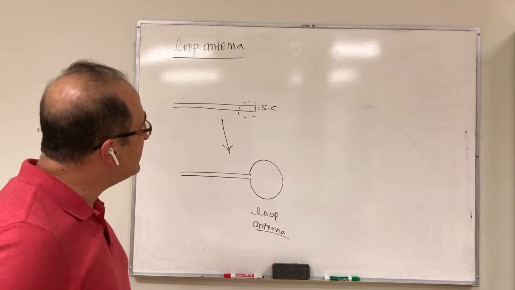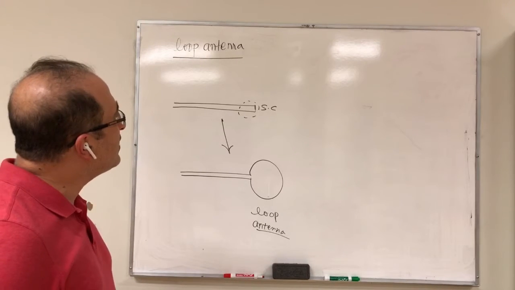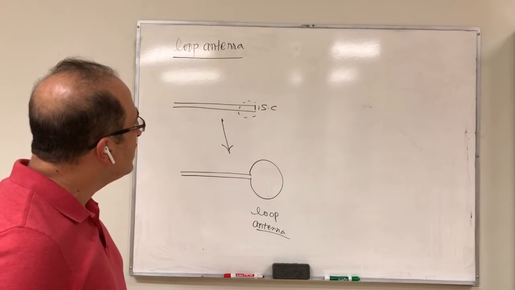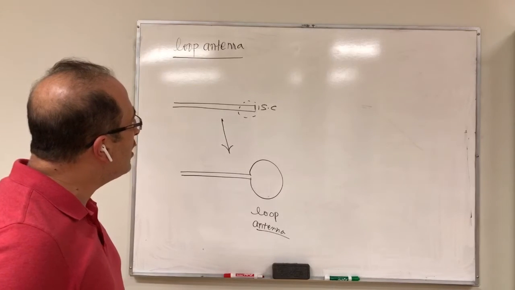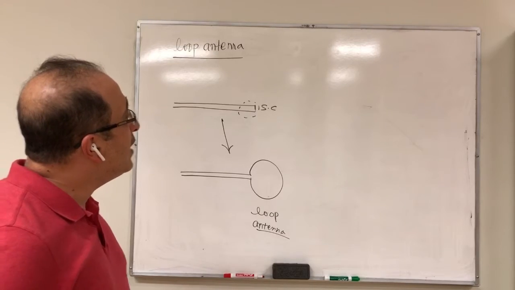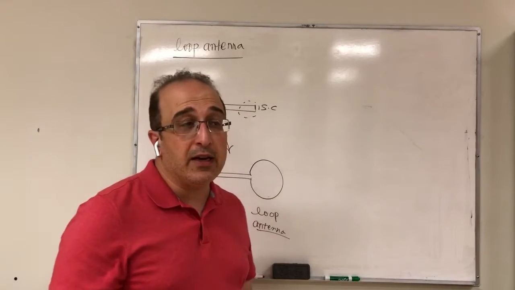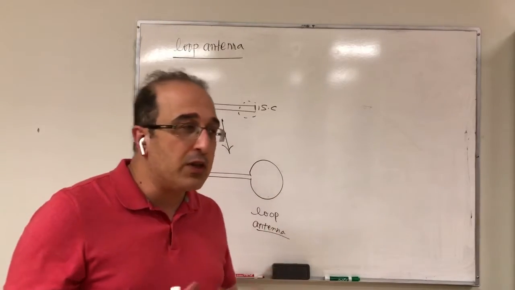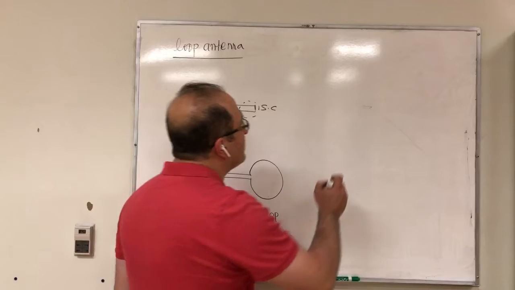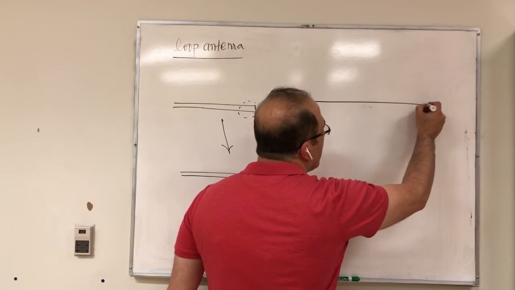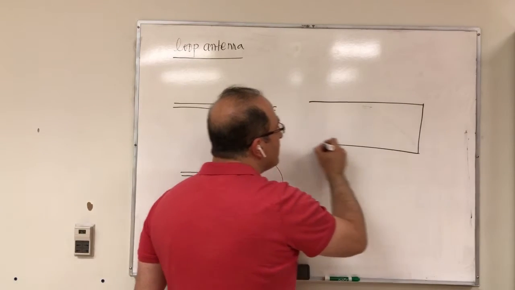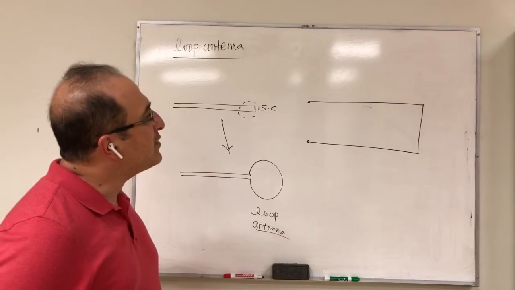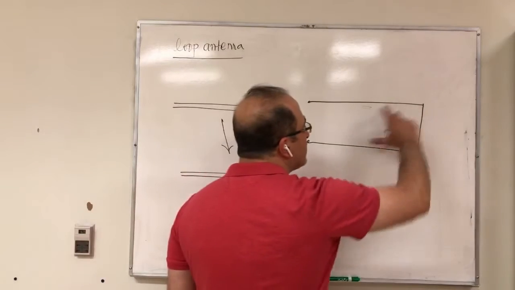So this is one question that you might have, and to answer this question, we're going to start with a larger loop in the beginning, and then I'm going to go to a smaller loop so that you can understand what's happening with the loop antenna. So if I have a transmission line like this, remember these are extremely close.